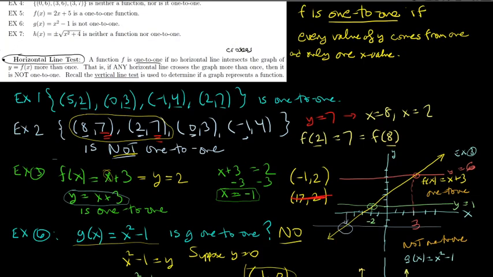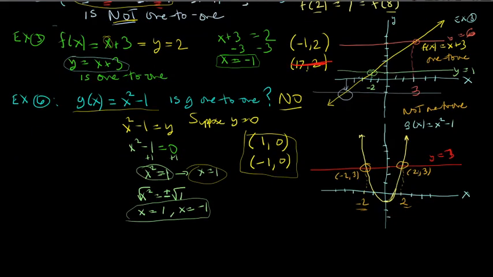On the other hand, if you have any horizontal line that crosses the graph more than once, then that graph does not represent a 1-to-1 function. So for this function here, any horizontal line that crosses more than once, such as y equals 3, will not be 1-to-1.